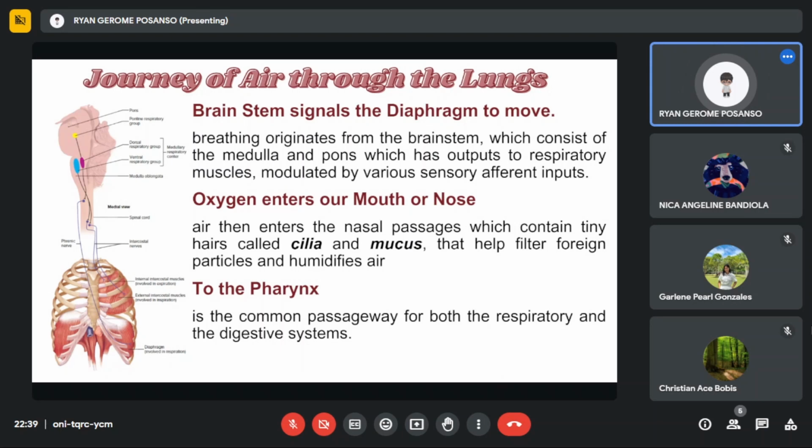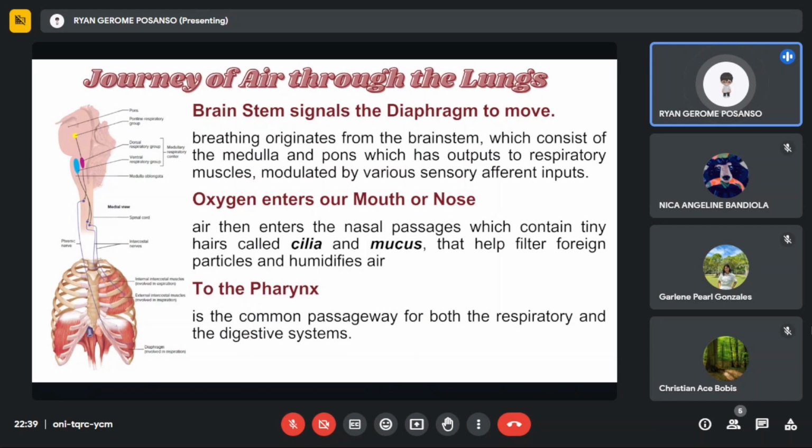Now we are going to delve into the journey of air through the lungs when we breathe. The main catalyst of breathing is basically when the brainstem sends signals to the diaphragm to move.